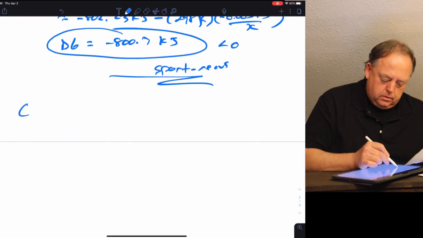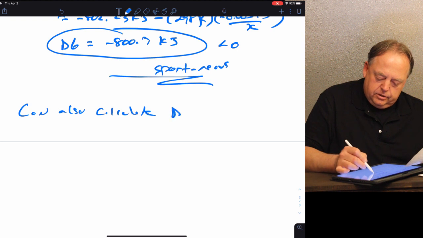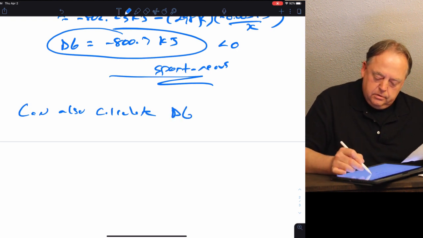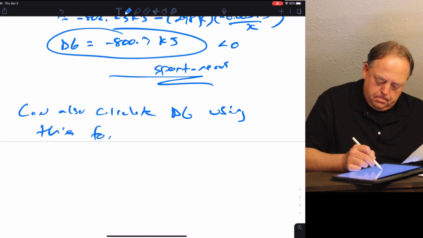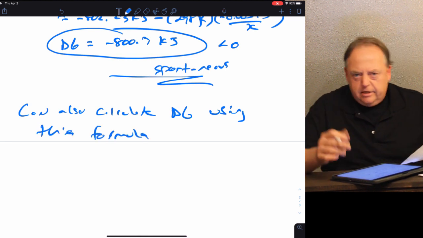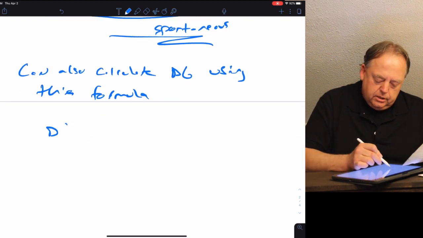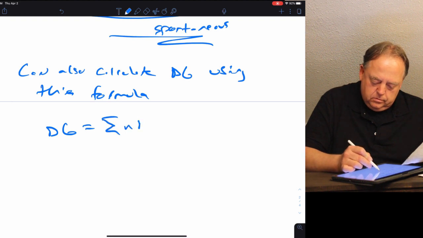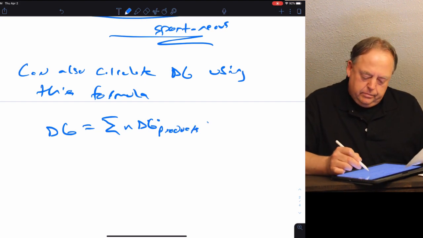Okay, you can also calculate delta G another way, a much simpler way, using this formula. Delta G is equal to summation, so just like delta H and delta S, you can sum.